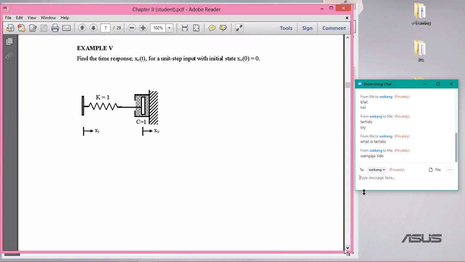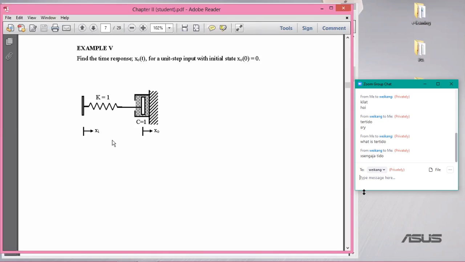Okay, so now we have this simple translational mechanical system. Find the time response xo of t for a unit step with the initial state xo equals 0. So initially xo is equal to 0, and you give it 1 unit step.